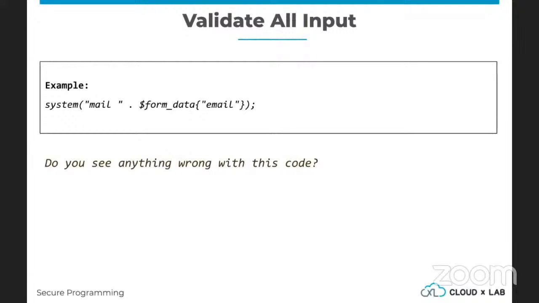You might use a system command. The system command invokes the mail program that sends the email, and here you are taking the form data and sending the email. This bug had been in most of the servers for a very long time. So they use the system command and so on. Now, do you see anything wrong with it? Anybody?